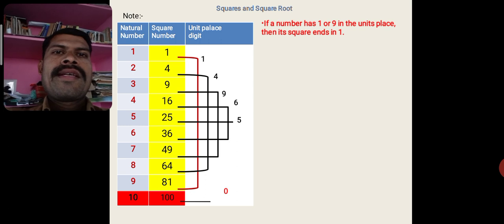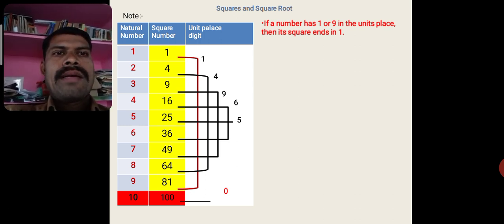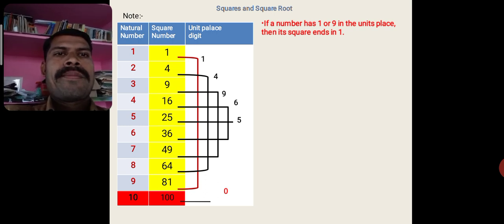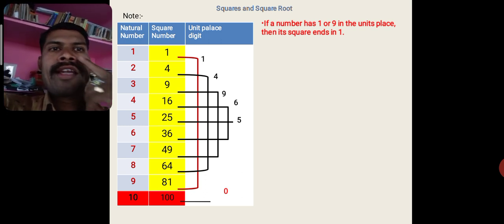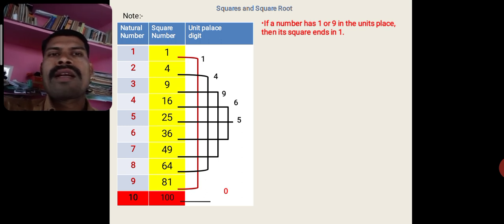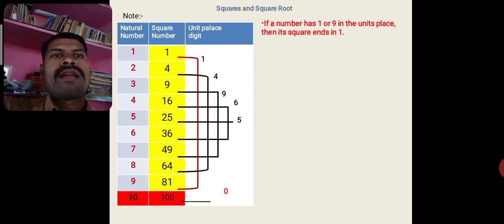You can see 1 ones are 1, 9 nines are 81. Those two squares end with 1.